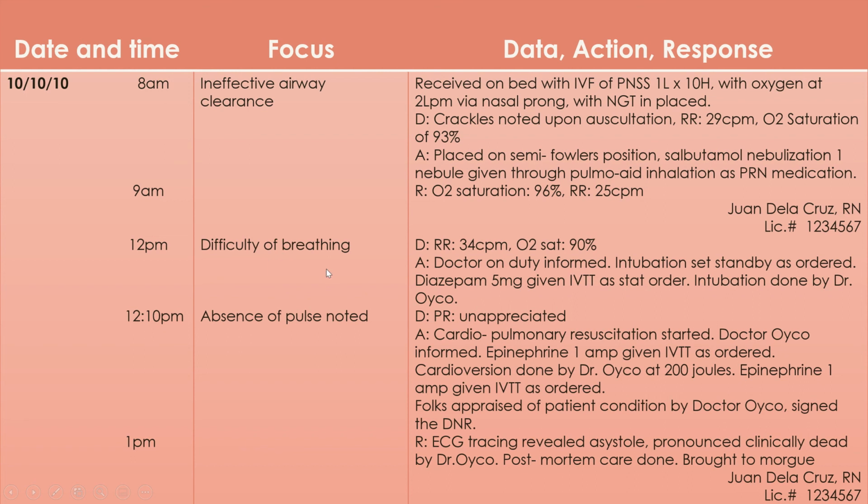Okay? So, for example, 12 p.m., DOB siya, difficulty of breathing. Data natin, the respiratory rate is 34 cycles per minute. Oxygen saturation, ayan, mas bumaba, naging 90% na lang. So, ano yung action mo? The doctor on duty informed kasi this is like an emergency situation. So, immediately you inform the doctor on duty and then intubation set standby as ordered.